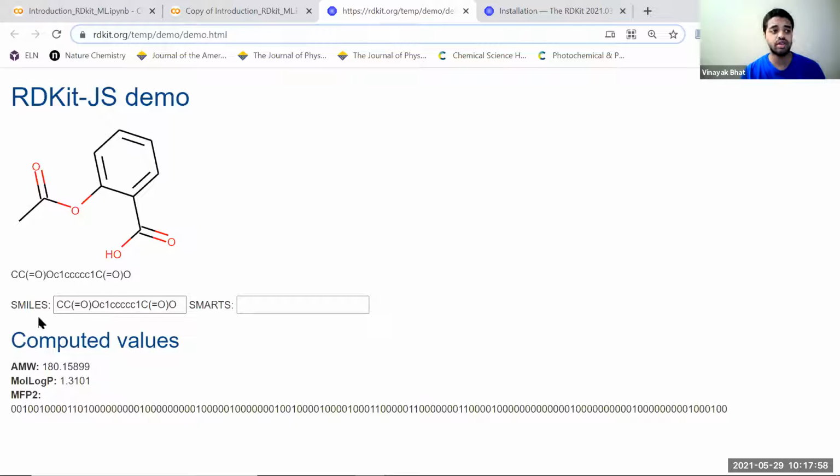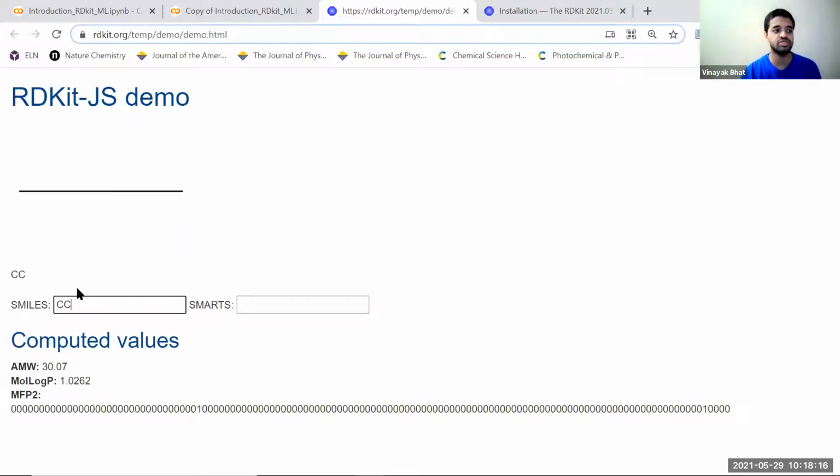There is a way which is called SMILES, in which you represent a molecule with a string. Some of you may be familiar with this, but this information is for people who are not aware of SMILES. SMILES is a way of representing molecules. If you want to say CCC, this is a propane molecule. This is how you would say, okay, I want a propane molecule.